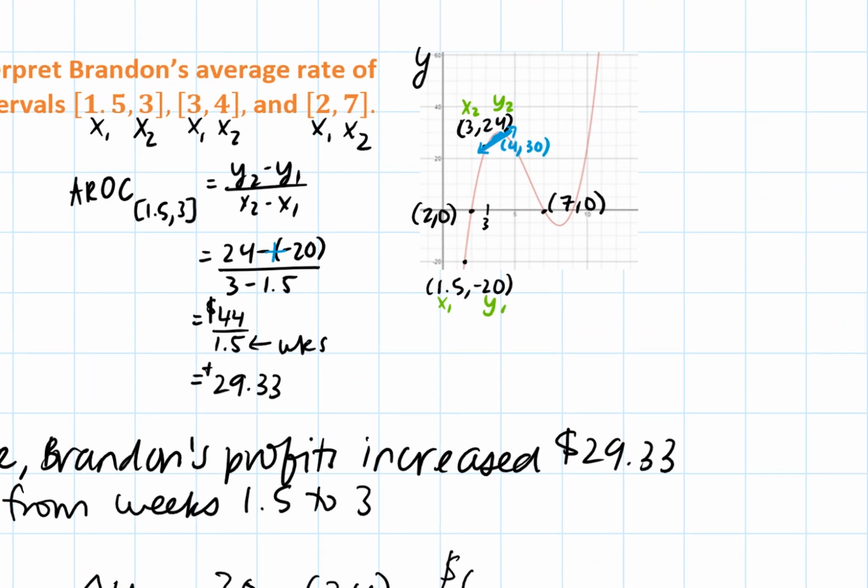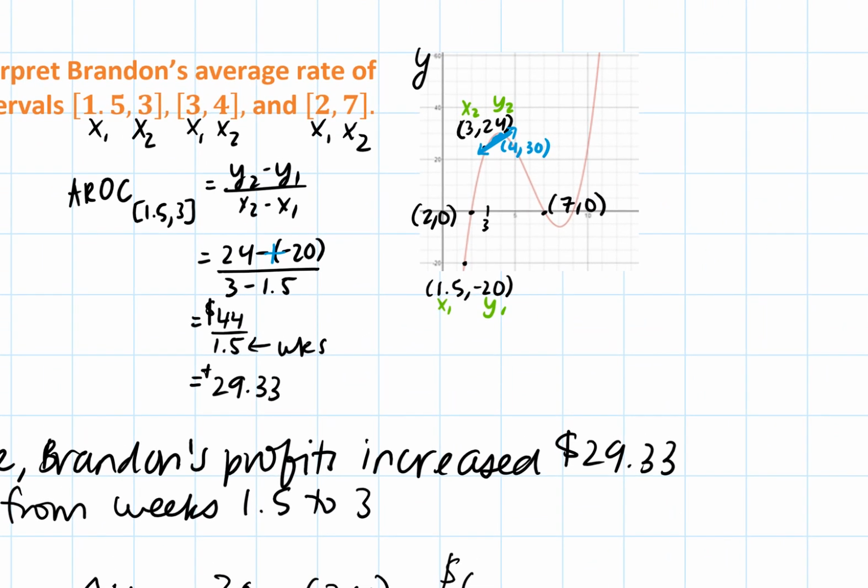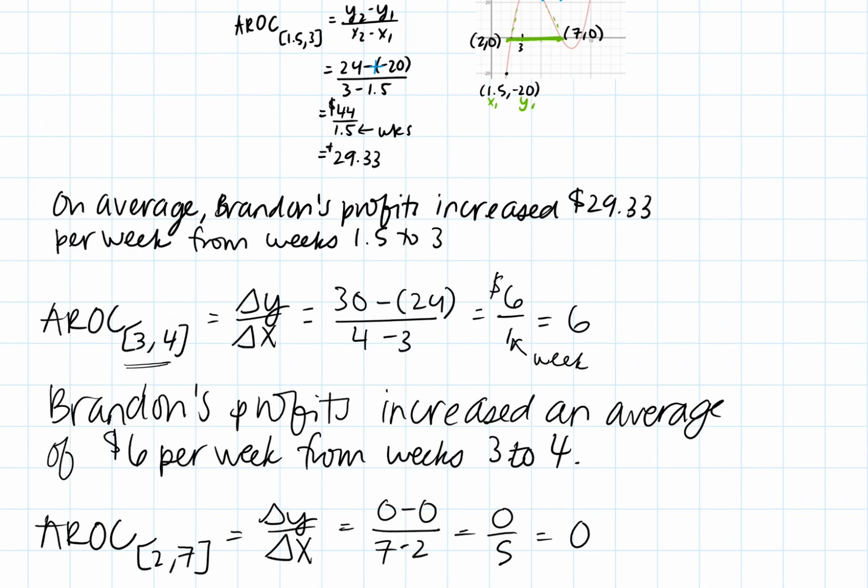This is sort of interesting. What we're showing here is that even though his profits actually increased and then they decreased, if you ignore everything between weeks 2 and 7 and look only at weeks 2 and 7, his profits didn't change at all. He was breaking even at week 2, he was breaking even at week 7. So if we ignore everything between them, his profits didn't change.